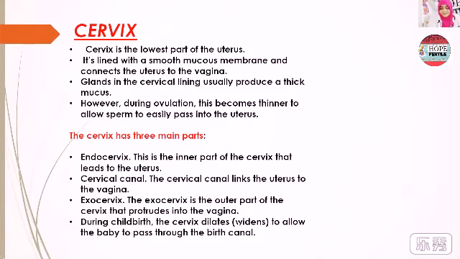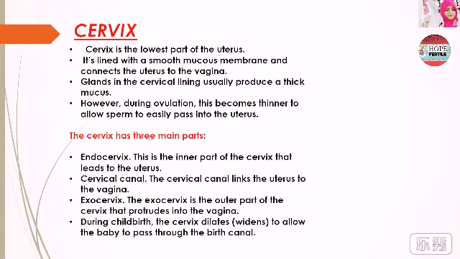So the cervix, as we have seen, is the lower part of the uterus, and it is lined by smooth mucous membrane and connects uterus to vagina. However, during ovulation, the cervical mucus becomes thinner to allow sperm to easily pass into the uterus.